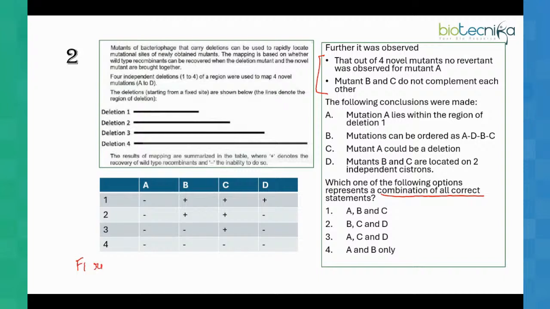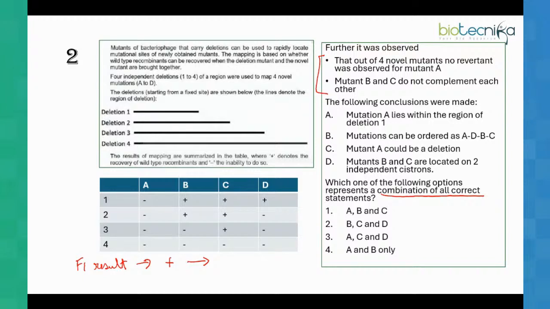Okay. So in F1, I will write it down here. So in the F1 result, if we get a wild type, what does it denote? That the dominant allele or the wild type allele is present. So if the wild type allele is present, it means that particular gene was not present in the deleted segment.